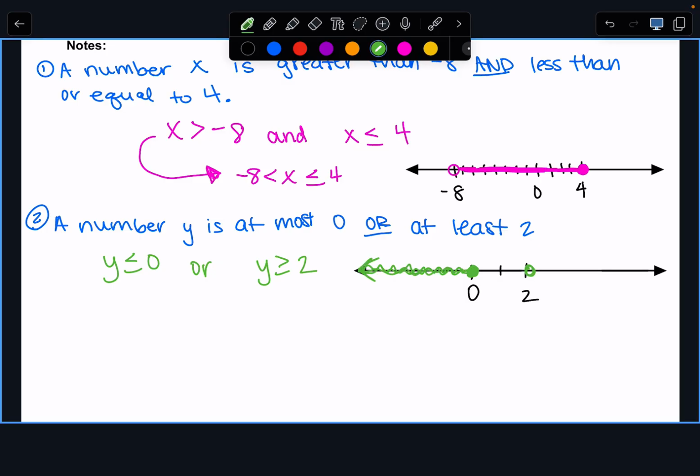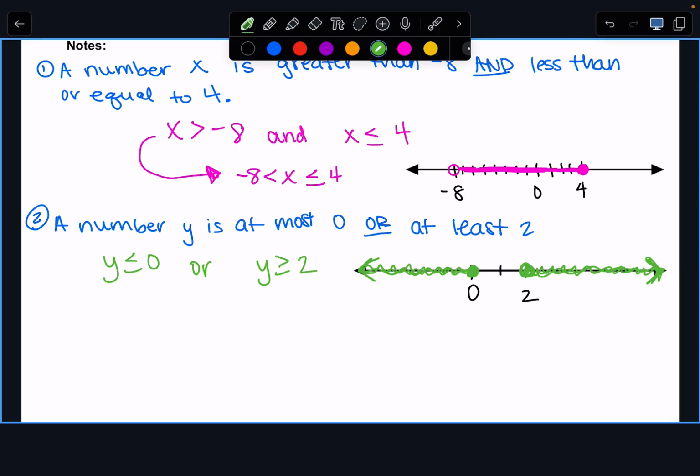Greater than or equal to 2, I have a closed circle at 2, and we're going to get bigger. Okay, so the or, it can be one or the other. I had McDonald's or I had Taco Bell, but I didn't necessarily have to have both. So our solution is it could be in this one or it could be in this one. Wait, so they don't combine? They combine when it's and, and they don't combine when it's or. That makes sense.